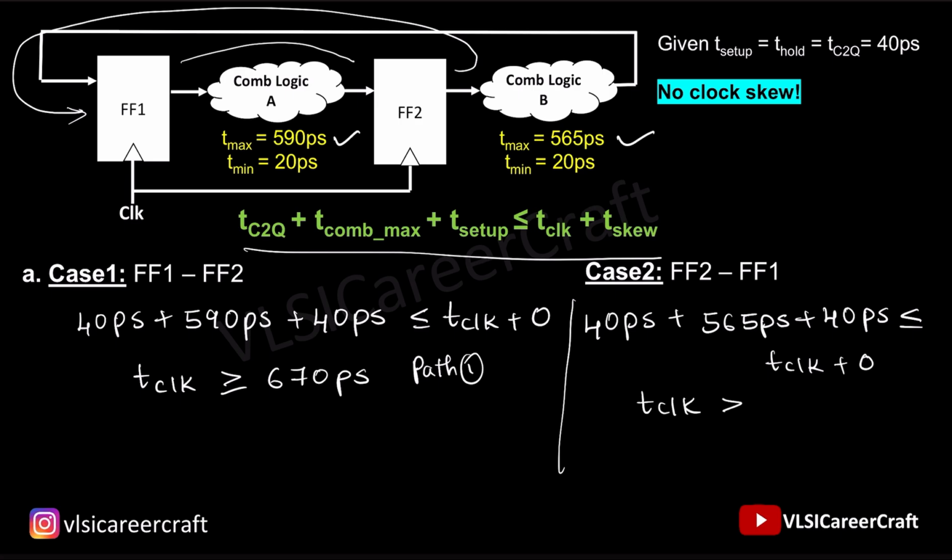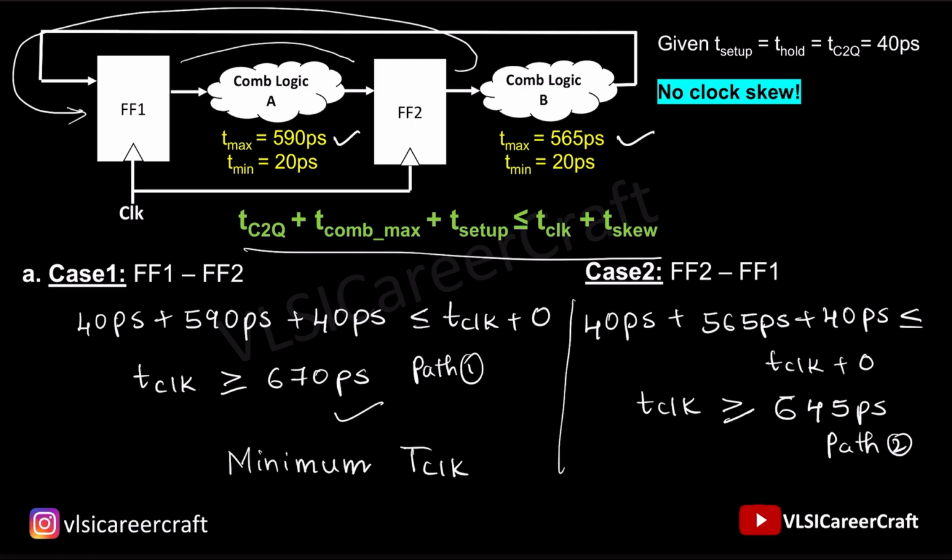So that gives us T clock should be greater than or equal to 645 picosecond. That is for path 2. So in these two cases, we consider the worst case. So worst case delay is this. So that gives us minimum T clock is equal to 670 picosecond.